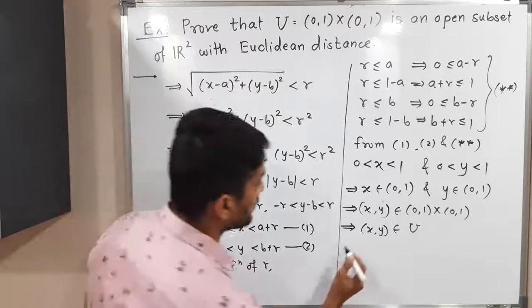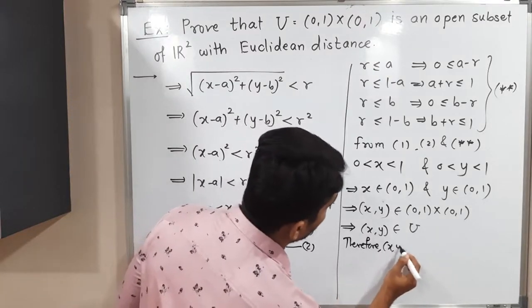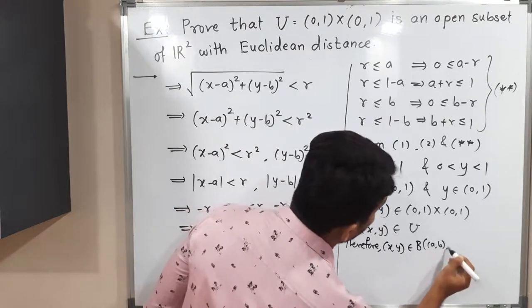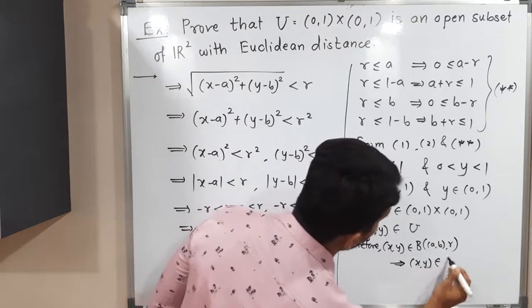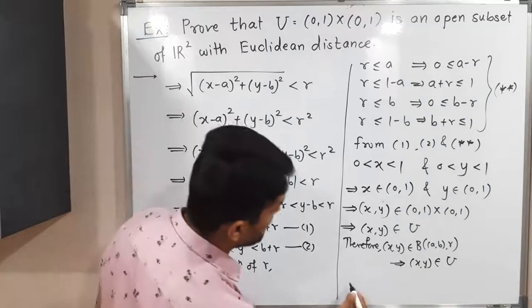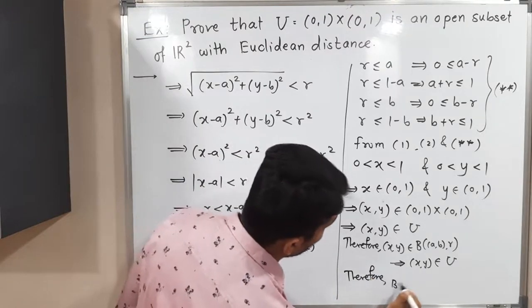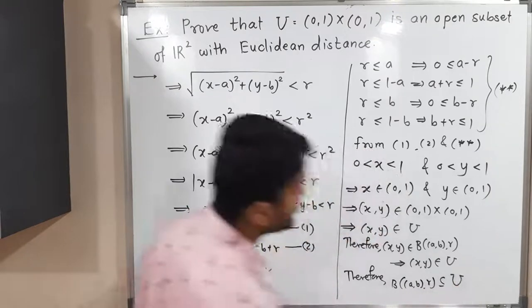Let me write it here. Therefore, actually we started from (x, y) belongs to the open ball with center (a, b) and radius r, and we concluded that (x, y) belongs to U. This is true for any element. Since (x, y) is an arbitrary element, our conclusion is that the open ball with center (a, b) and radius r is a subset of U. Getting now?